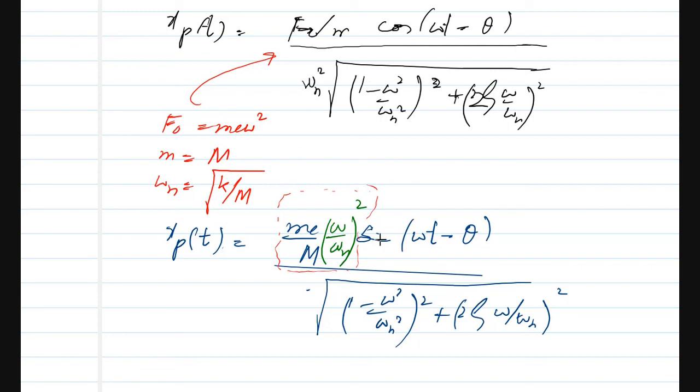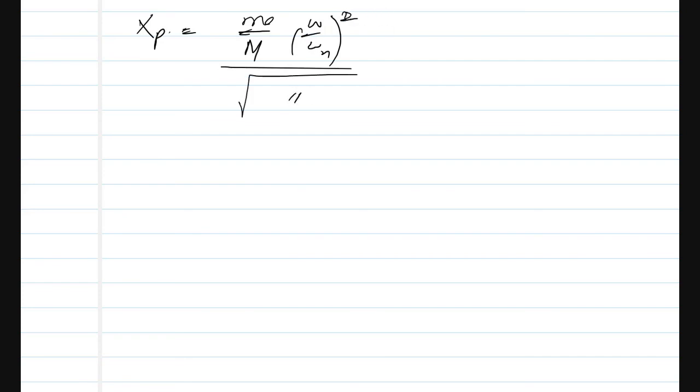So again, if I put this equal to 1 for the maximum case, this small x becomes the amplitude X, with capital M, equal to me over capital M into omega by omega n whole square divided by the same factor which I am not writing again and again. If I take this in the denominator on the left hand side, now this me is generally called the unbalance.